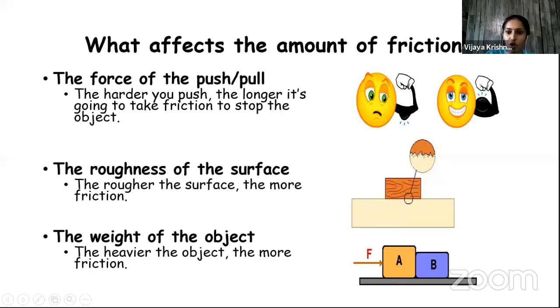So even if your force is higher and if the surface is rough, it is easy to stop an object that is in motion. Another thing that is going to affect friction is the weight of the object. So the heavier the object, the more the friction, and more force is going to be required to move the object. So these are the three main principles which are going to affect friction.